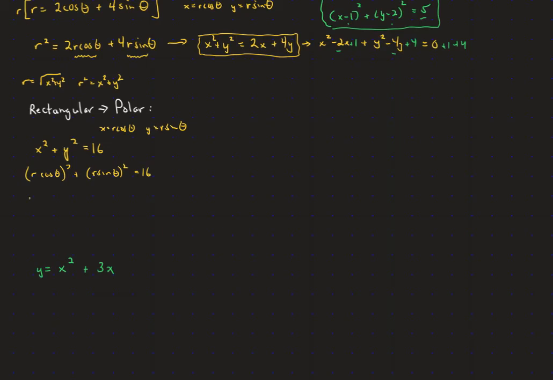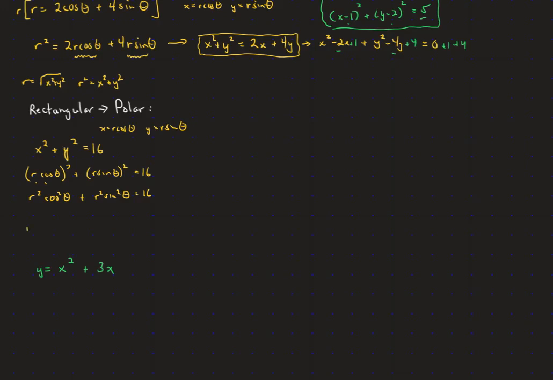So then we can see that when you have two things being multiplied raised to a power, each of those things that are multiplying each other get raised to that power. So that can become r squared cosine squared theta plus r squared sine squared theta equals 16.